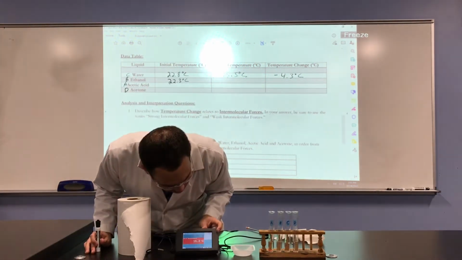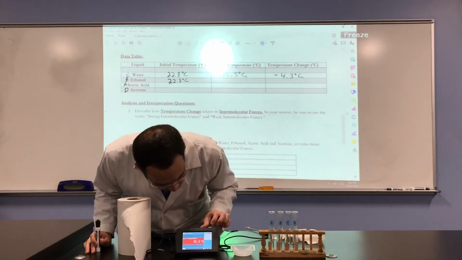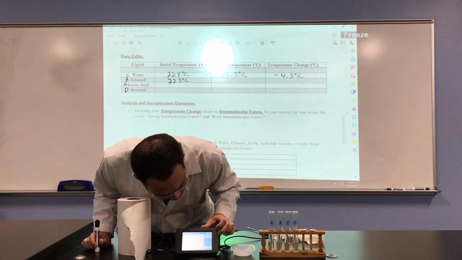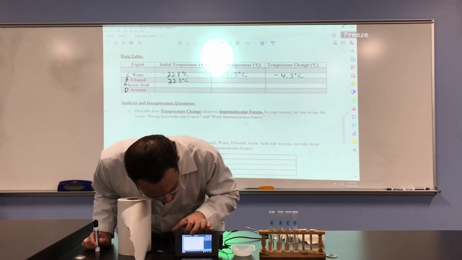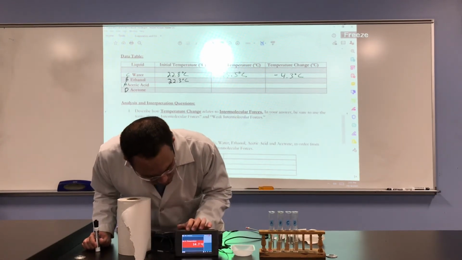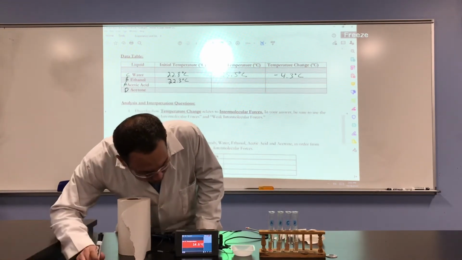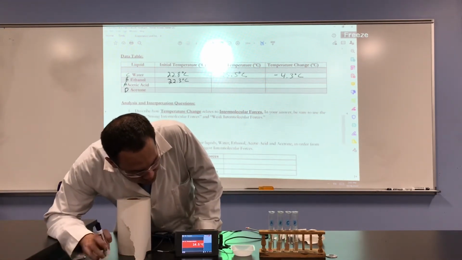So now for ethanol, we're at 15.3. That is after 53 seconds. So once again, we will look at the temperature. We want the lowest temperature, so if it starts to creep back up, then we can stop our timer early.